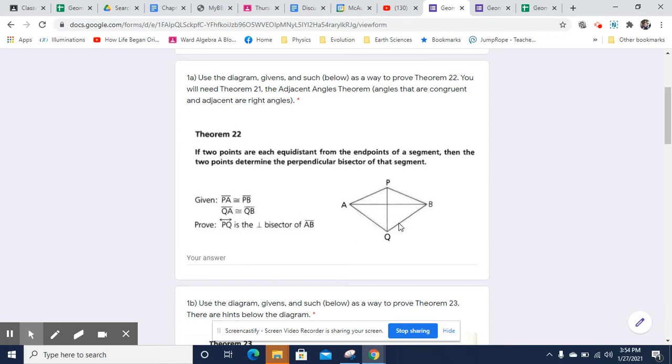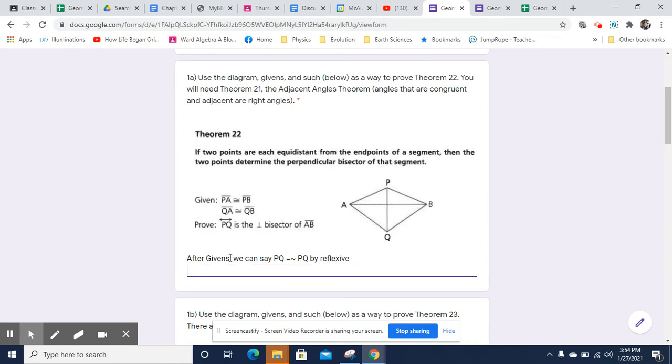So PA is congruent to PB and QA is congruent to QB. A starting place would be to declare that PQ is congruent to itself. So after the givens, we can say PQ is congruent to PQ by reflexive.